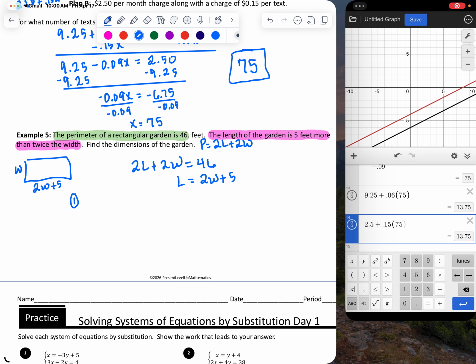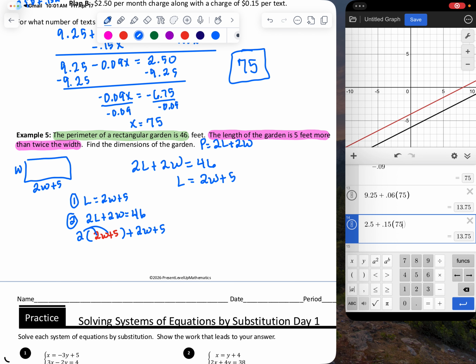Now I'm going to follow my steps. In step 1, I'm going to identify the variable that's by itself. So L equals 2W plus 5. In step 2, I'll write down the other equation. And then I'll replace the L with parentheses. And into the parentheses, I'll substitute the expression in from step 1, which is 2W plus 5.